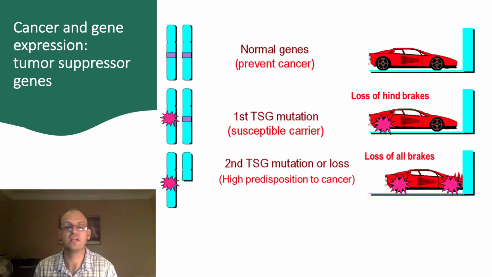A second type of gene is called a tumor suppressor gene. These genes serve like brakes on a cell, preventing the cell from progressing around the cell cycle. When tumor suppressor genes get mutated, it's like the brakes failing, and the cell continues around the cell cycle without brakes.